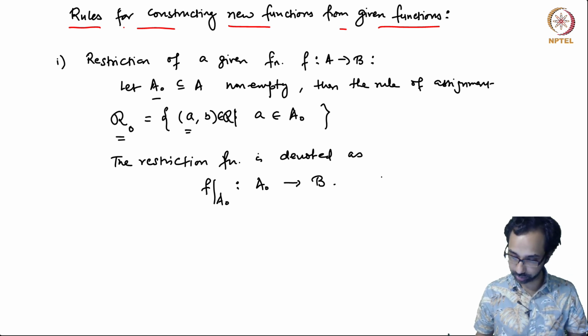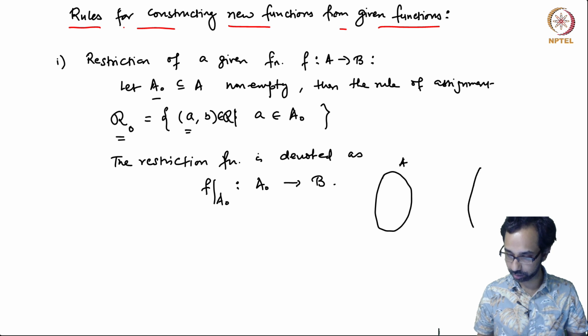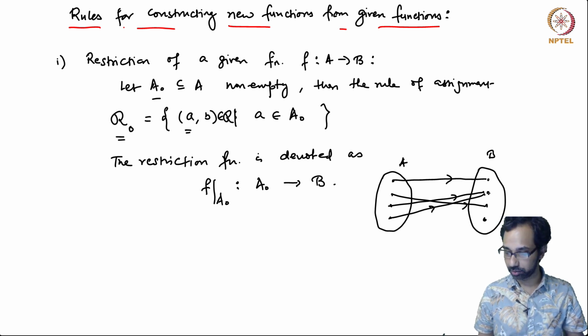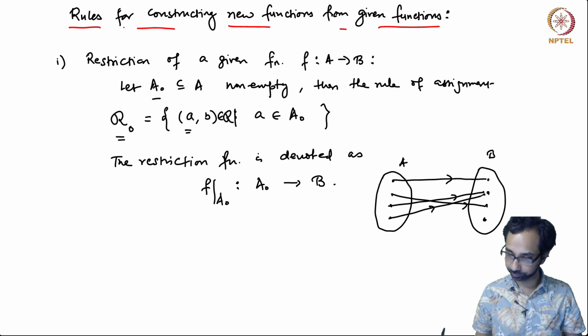So in pictures, if you have, say, this is A and this is B, and you have some points in A, some points in B, and you have some map, let's say like this. So it need not be surjective. So one point here is left out, but it doesn't matter for the definition of the restriction.